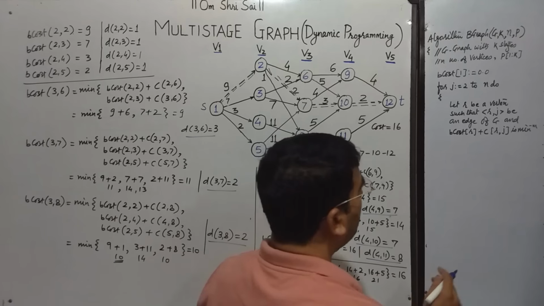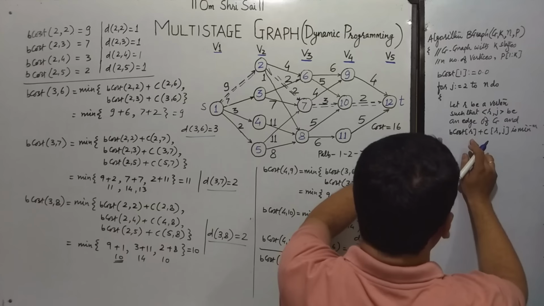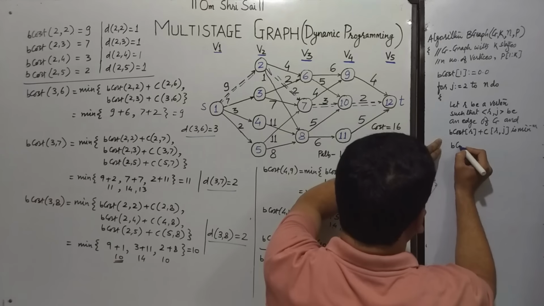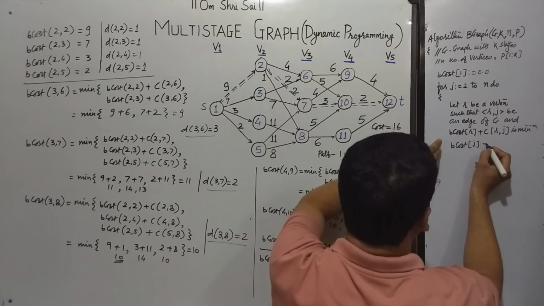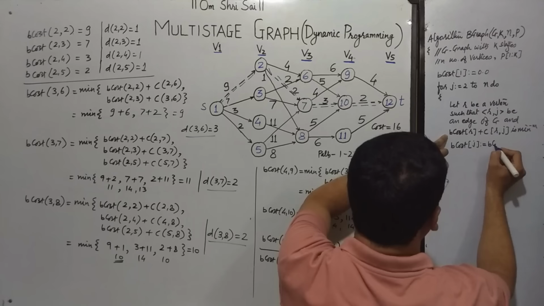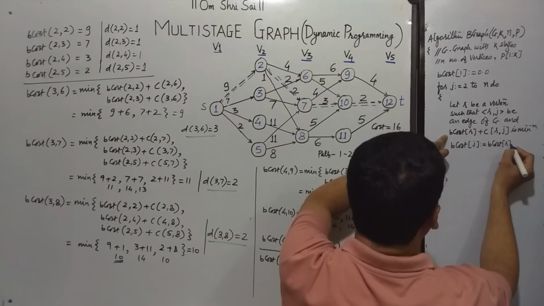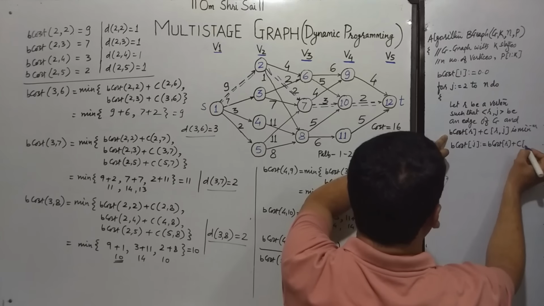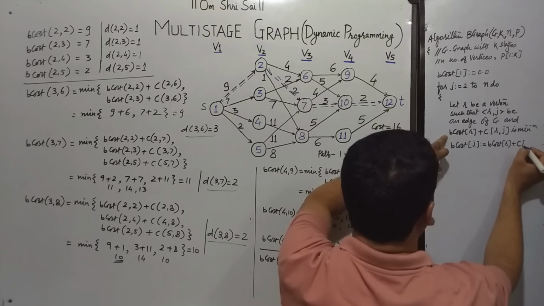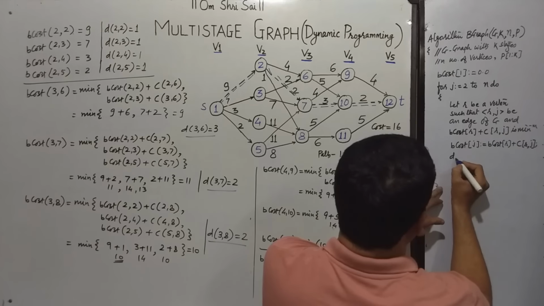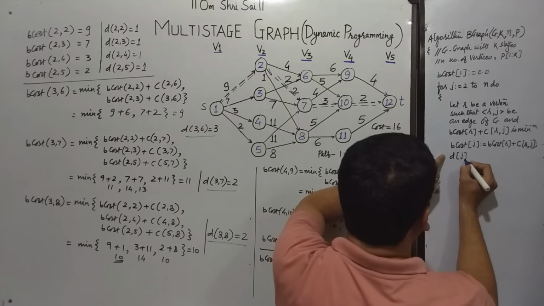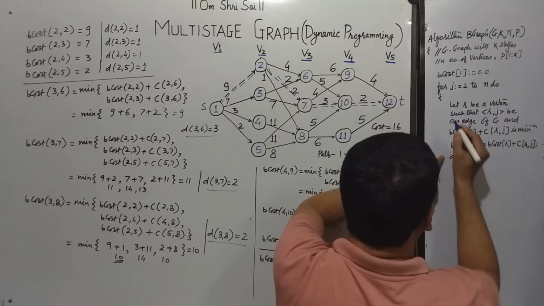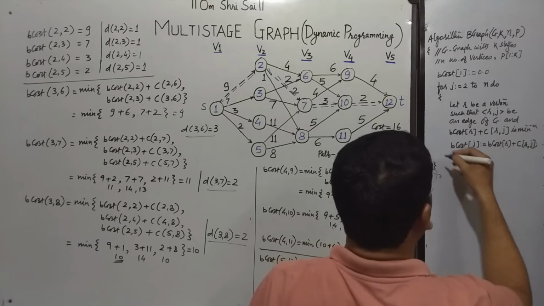That is the condition. जब कभी हमें ऐसा R मिल जाएगा, then we will initialize this into the B cost. So B cost of J is equal to B cost of R plus C of R comma J, because this is now minimum. Okay, now we'll obtain the D value जिससे कि हमने पाथ कैलकुलेट किया था. So D of J will be equal to R, and this calculation will be repeated.